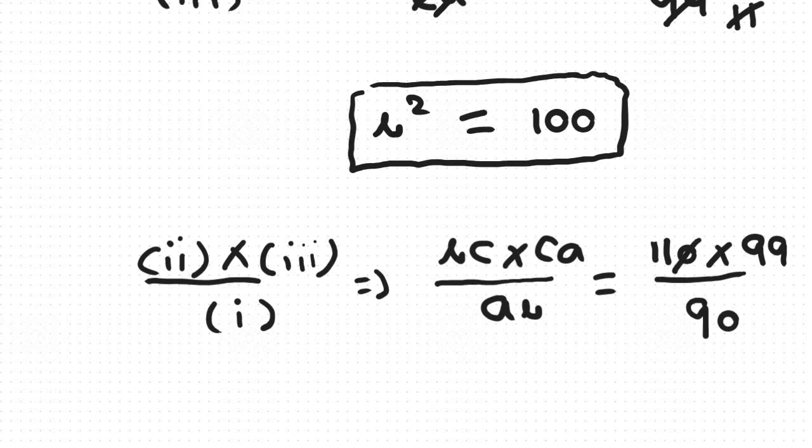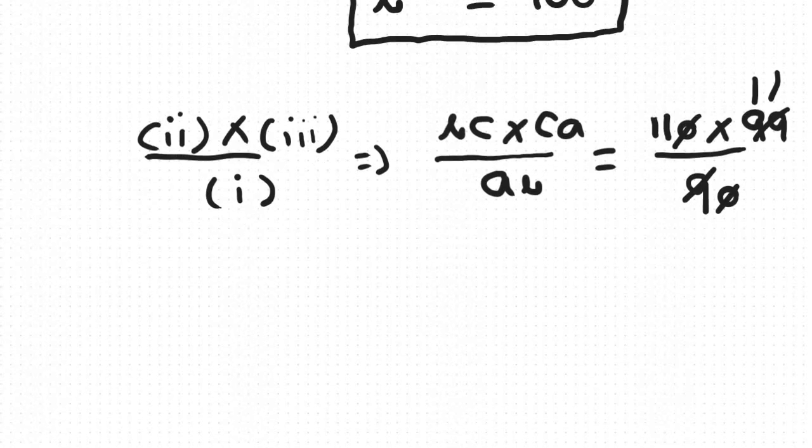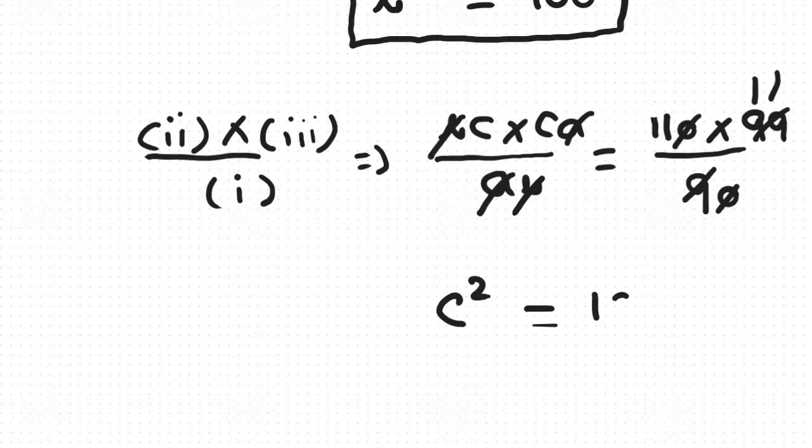So we can cancel this 0 and we can divide 99 by 9, which gives us 11, and on the left side we can cancel this A and this B and B, which gives us C square equals 121. This is our second value.